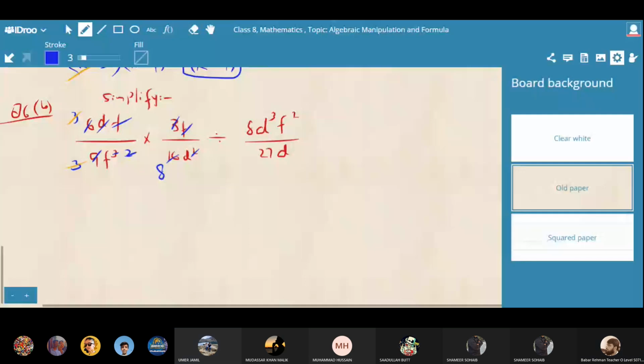Sir, we will simplify 3 with what? 3 and 3 cancel. Yes, sir, we can. So what is left in the numerator? Sir, 1 is left.